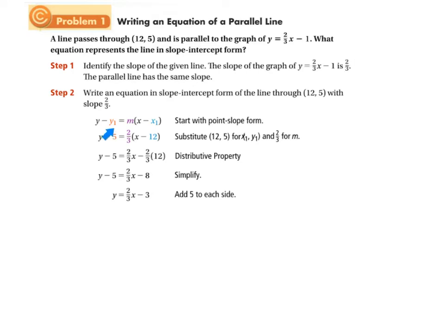They're using here point-slope form. y minus y1, there's the y coordinate, equals m times (x minus x1), there's the x coordinate. Distributive property, 2/3 times x is 2/3 x, 2/3 times -12 is -8. So now you've got it in this form so far. Once you simplify it, the last thing you need to do is add 5 to both sides, and you get this line right here.